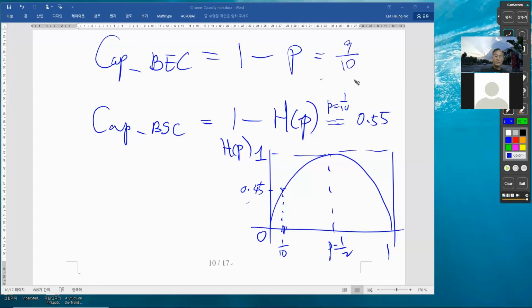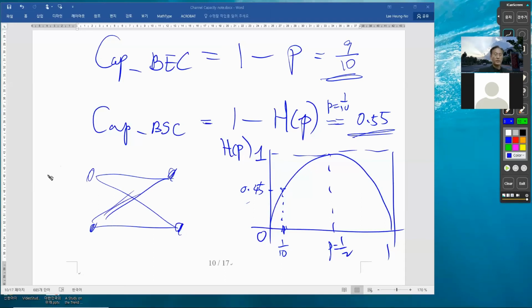As you can see, this one is much bigger than this one. Because the binary symmetric channel is much more confusing, with this crossover event: you send 0, it could be 0, it could also be 1.